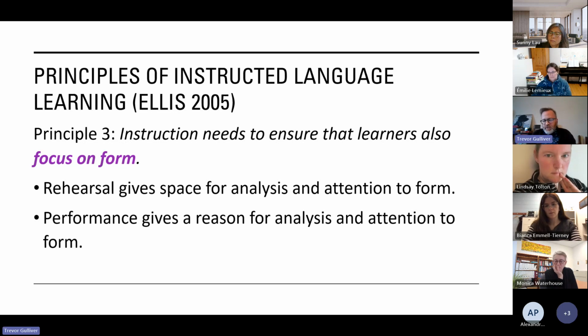But in the course of a drama classroom, in the course of rehearsing, rewriting, reviewing, sharing, editing, practicing and eventually performing any kind of skit or script, there are lots of places for students to focus on form.